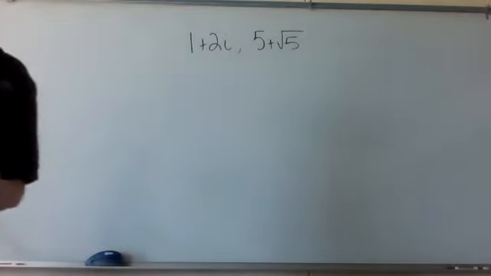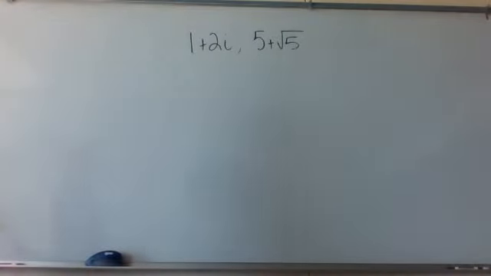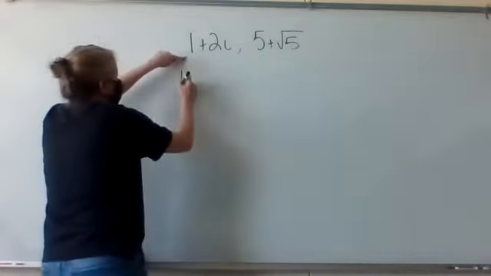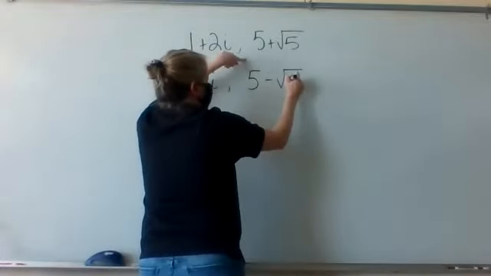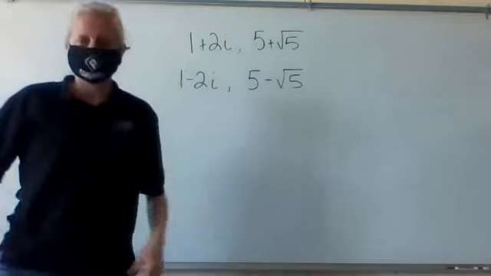Those are the given zeros. So if I'm going to find the other zeros, one's an i, one's a radical, right? Which means the conjugates of those are also zeros. So this one will just be 1 minus 2i, and this one will be 5 minus the square root of 5.